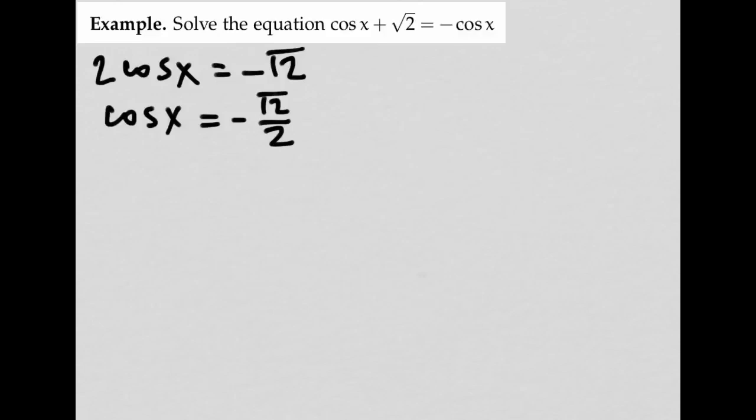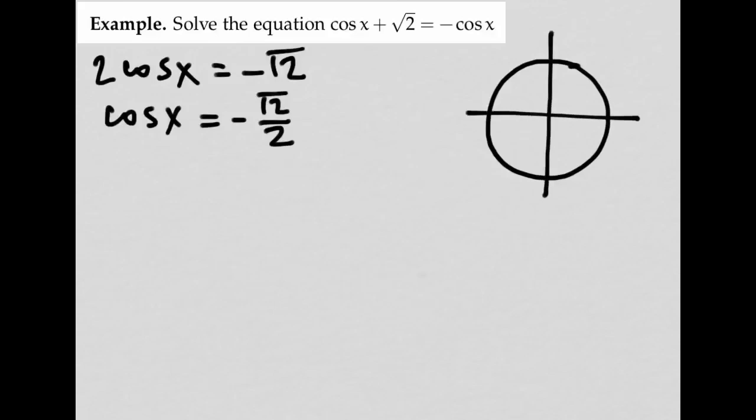And for what angle x is the cosine equal to minus root 2 over 2? We have exactly 2 angles. The first one is 3 pi over 4. And the second one is 5 pi over 4.